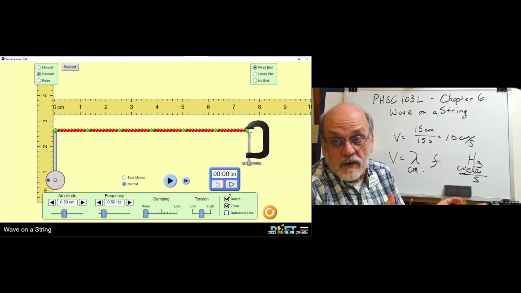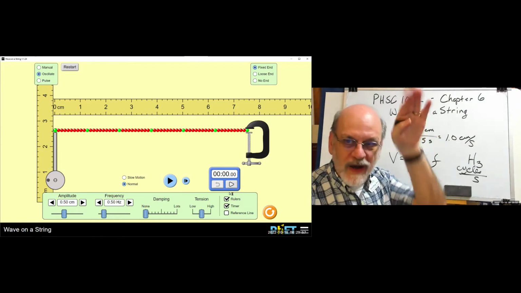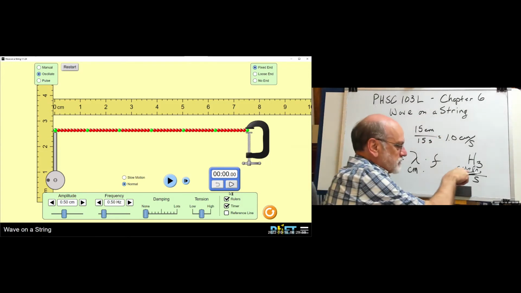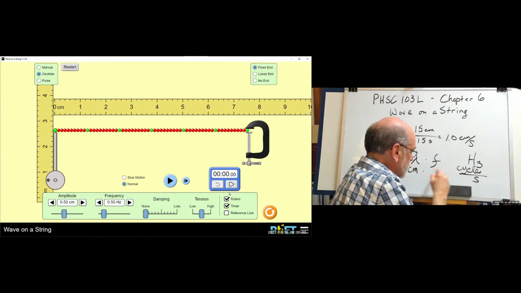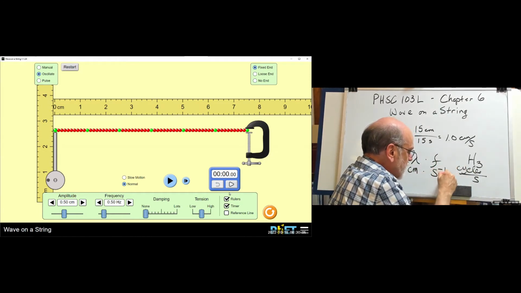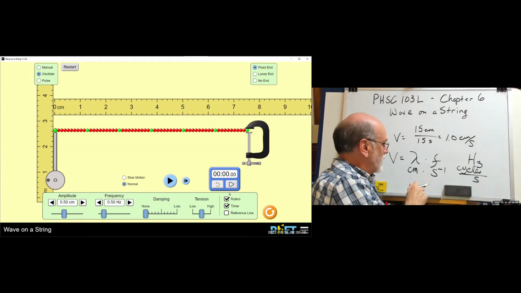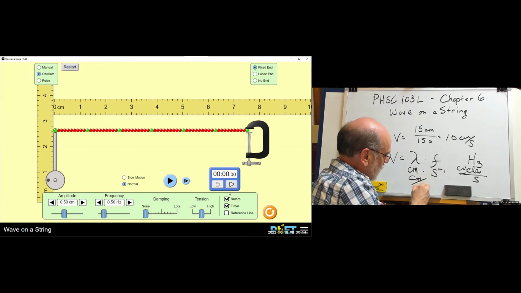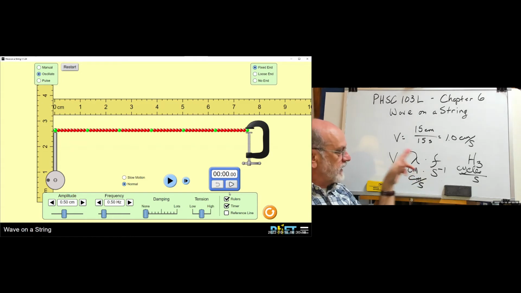It has no value. It just means one wave passing a point. So in this case, the real measure here is seconds to the -1 because it's in the denominator. Seconds to the -1. So when you multiply this times that, you get centimeters per second. So velocity is always wavelength times frequency.